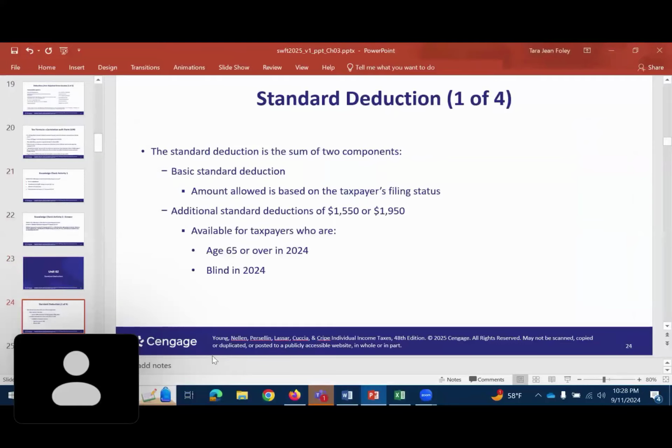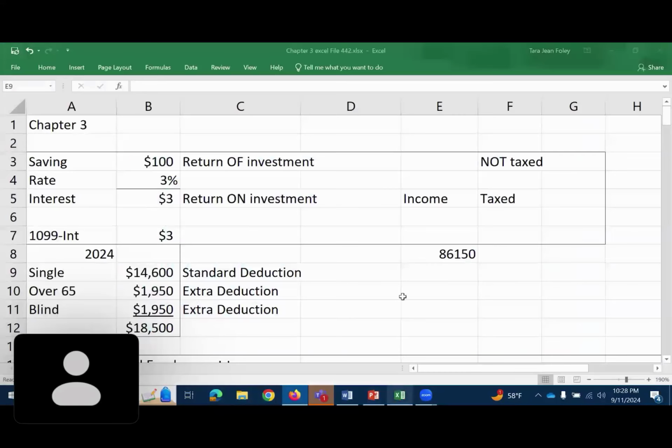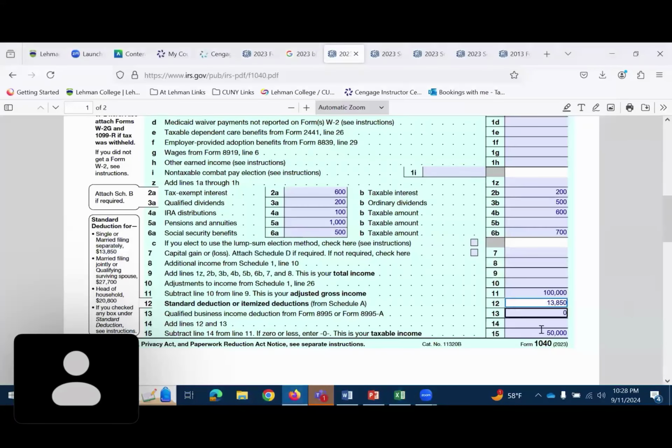Now, the standard deduction. The government gives you this deduction. If you're single or married filing separately, it's $13,850, which is that line right there, the $13,850, which got me down to $86,150.